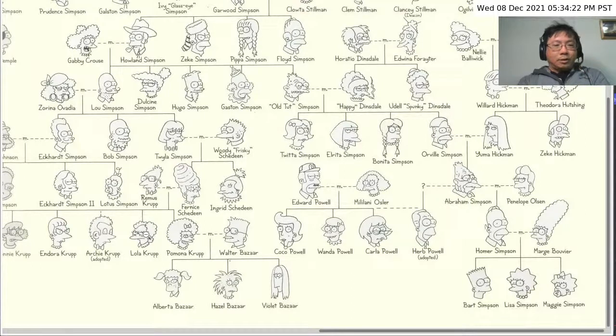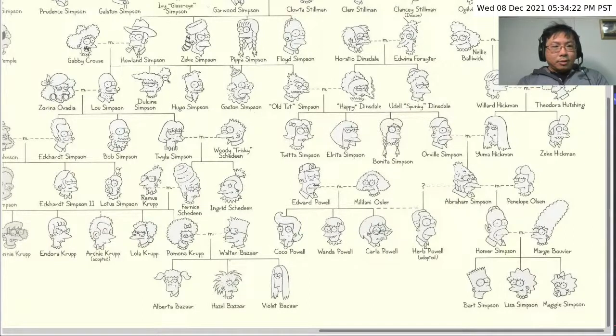Lola is going to be a cousin of Bart because they share a common ancestor all the way up to Howland. I think they're fourth cousins once removed. So we'll check whether Lola is a fourth cousin of Bart one removed. Now, just from the family tree, we can work this out, right? We'll find out at which point they share a common ancestor.